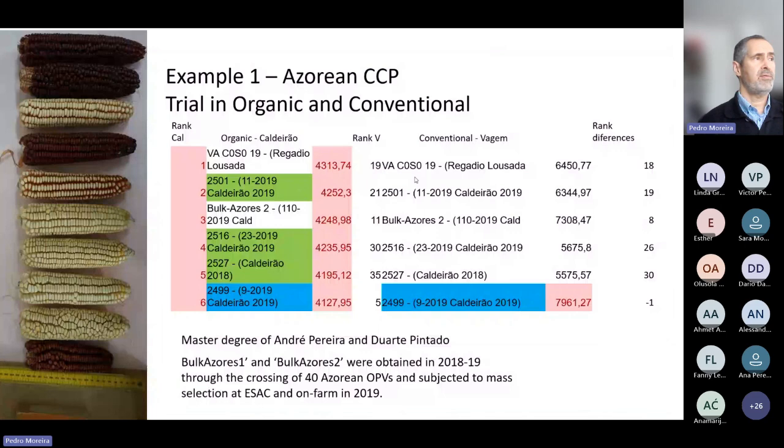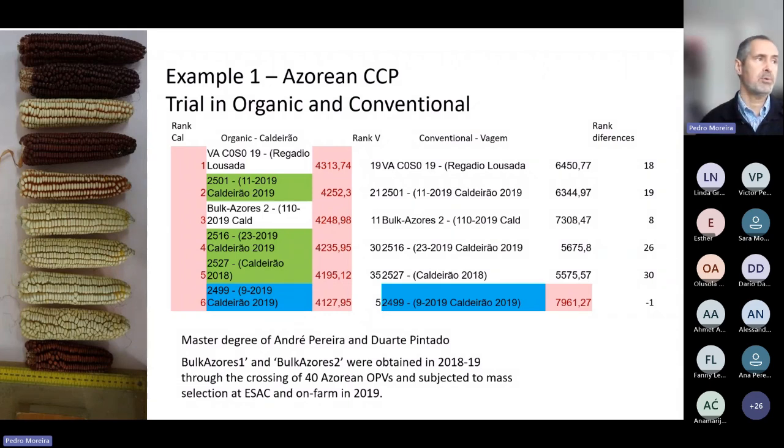we have an example. This is not how a composite should be made, but it was a possibility that we had at the time, because in 2018 and 19 we had the opportunity of multiplying several populations, about 40 populations that were collected during the 80s.